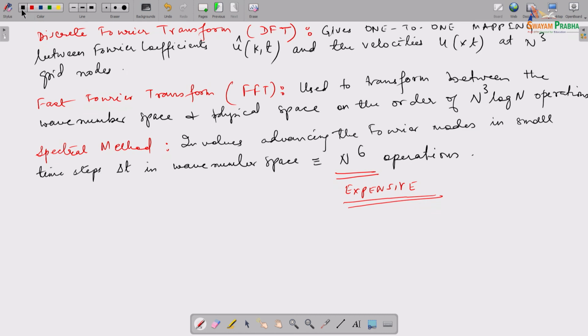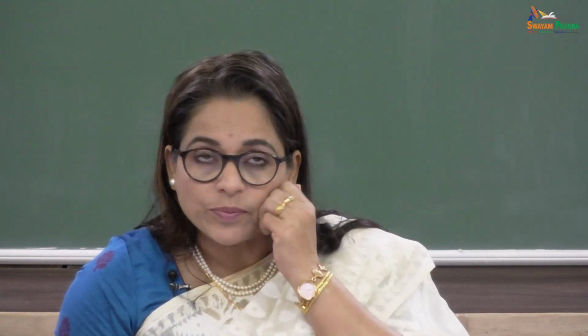The velocity field is transformed into physical space, and the nonlinear terms are transformed into wave number space. That is why you have n cubed log n operations. So how do we avoid the expense?